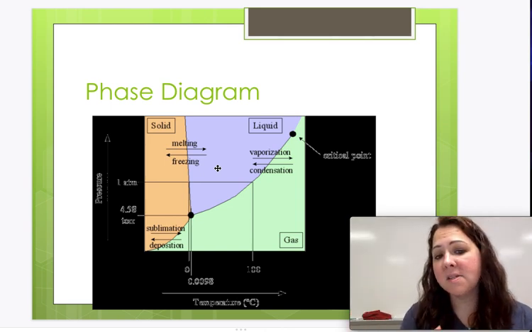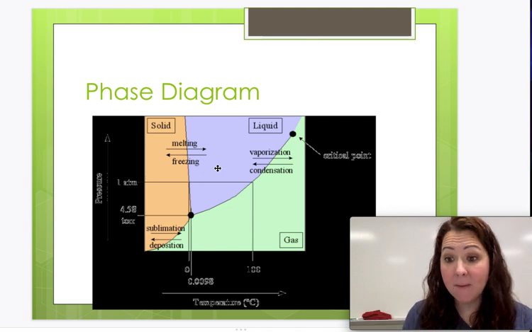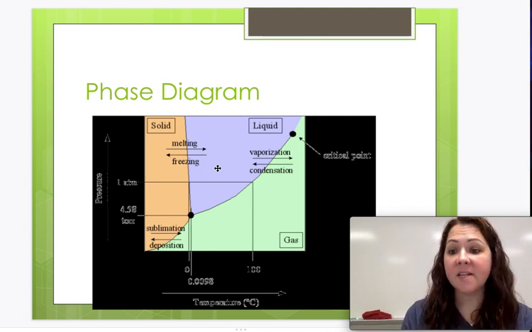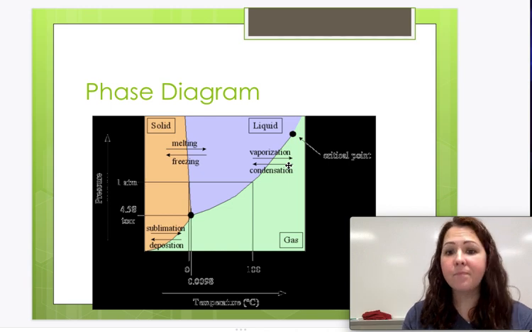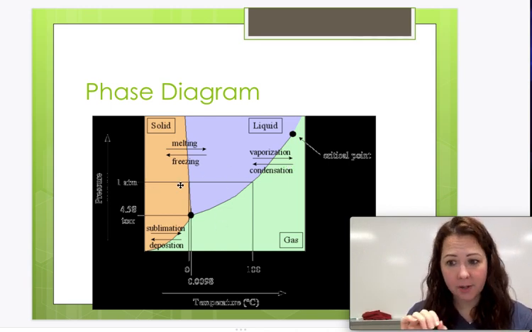So if I go from a solid to a liquid, that means that I am melting. If I continue to increase my temperature, I moved from the liquid state of matter to the gas state of matter, which means that I am going through evaporation, liquid to a gas.